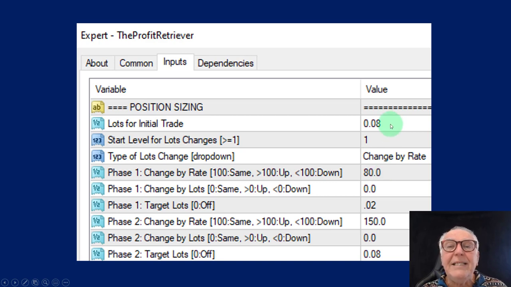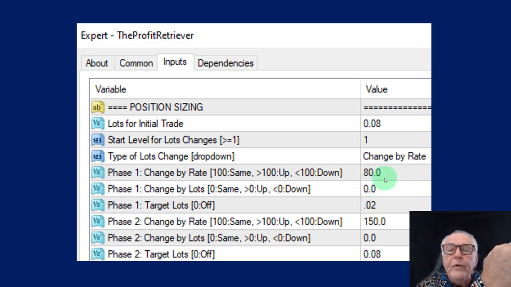So the next deal, if it is negative, will be 80% of my initial deal. Then the next deal will be 80% of that deal. So your lot sizing will go down, down, down. And then it will go down, according to these settings, right to 0.02 lots. It will go down from 0.08 lots down to 0.02 lots.